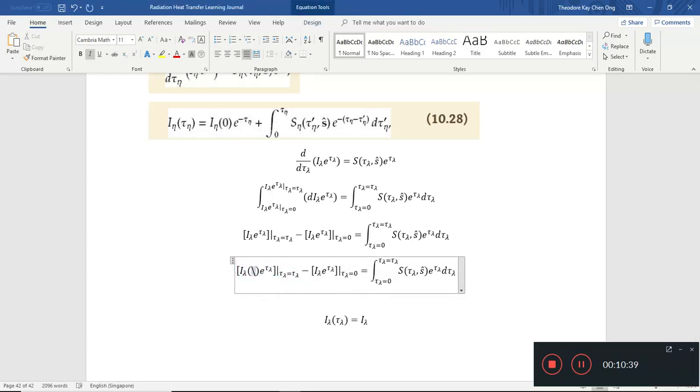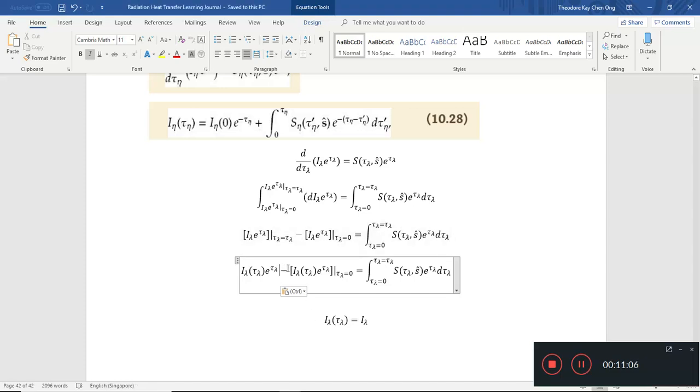So this is evaluated at tau lambda. This is dependent on tau lambda. Now what is this expression evaluated at tau lambda? Wherever you see tau lambda, you replace it by tau lambda, so this expression will just be itself when it's evaluated.